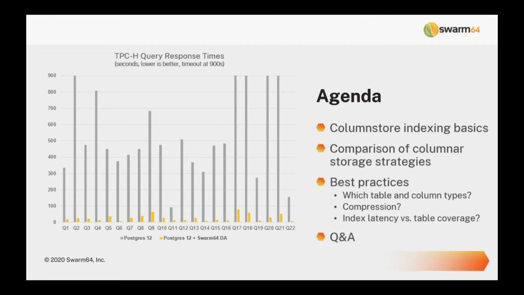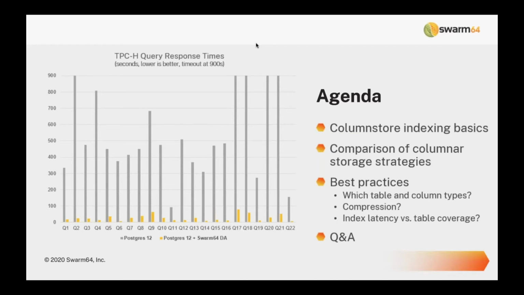Our agenda today is to really drill down into one of the acceleration techniques we employ, which is Columnstore indexing. With me to explain that in detail is Swarm 64 solution architect Sebastian Dressler, joining us from Berlin.